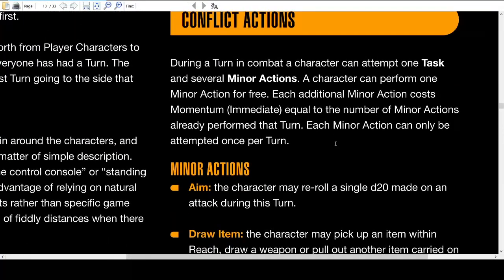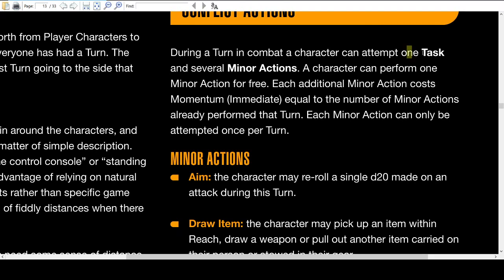So the other important distinction is that there is a task and there are minor actions. I'm not sure, are they interchangeable, in the sense that are there minor actions that will be considered a task, and are there tasks that would cause a minor action?